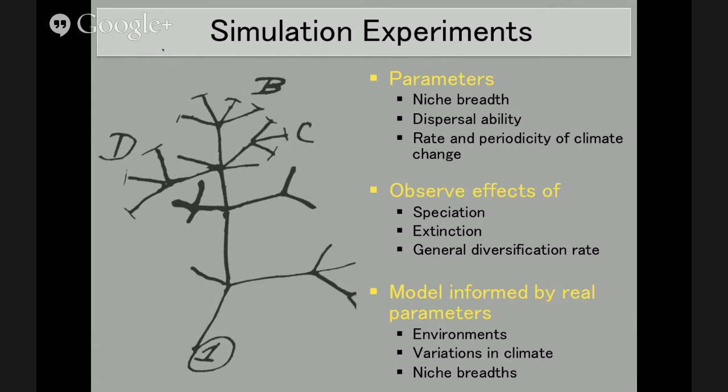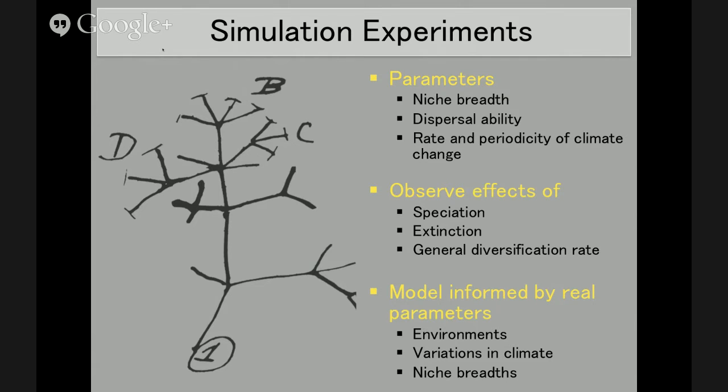So the benefit of simulation experiments is that we can actually know and define the dispersal ability and niche breadths for species, generate environmental change, plop species down into this environmental landscape, let them run amok, and then observe the impact of these characteristics on macroevolutionary patterns.